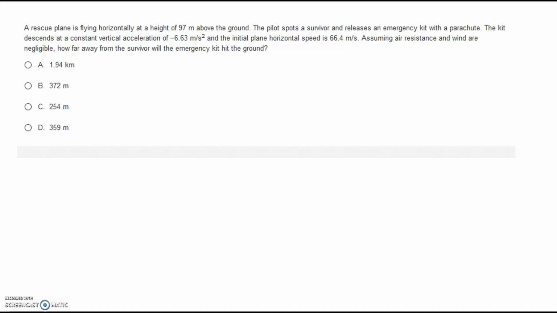Okay, rescue plane. A rescue plane is flying horizontally at a height of 97 meters. It drops the kit with a vertical acceleration of negative 6.63 meters per second squared, horizontal speed of this. So let me write what I'm given, so we can figure out what our unknown is. I drew a picture here. So here's my airplane.